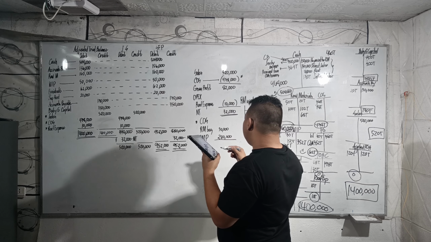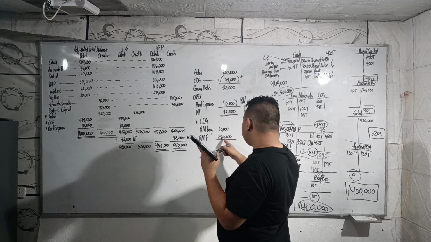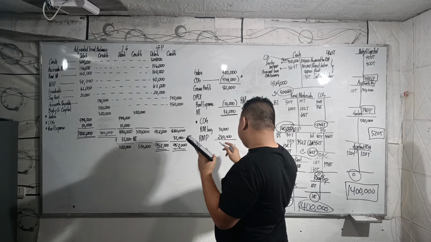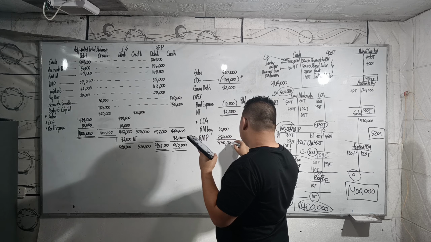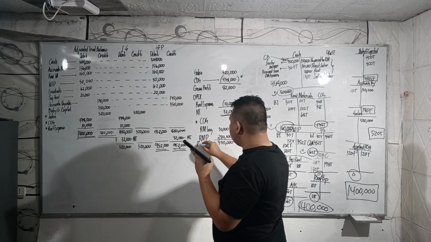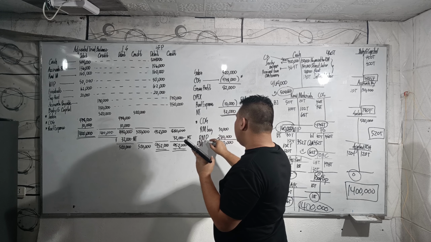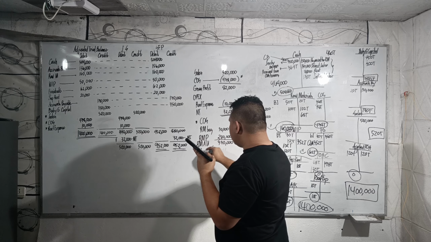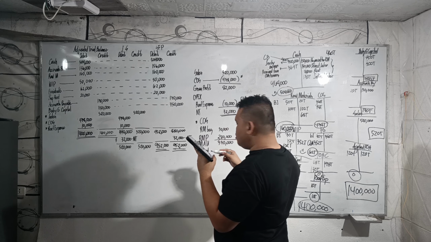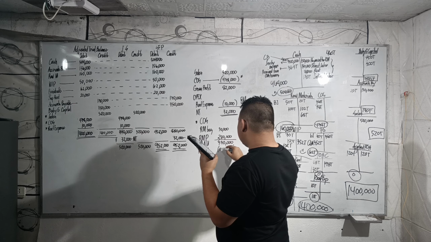And then this is 50 plus 280, that's 330. Those are the raw materials available for use. And then you have the raw materials ending. And according to the problem, the raw materials ending is 160.